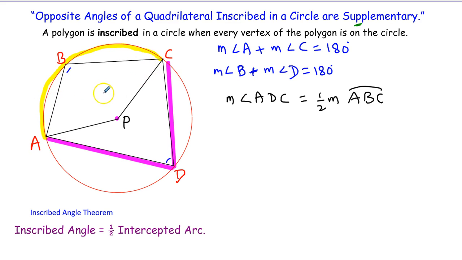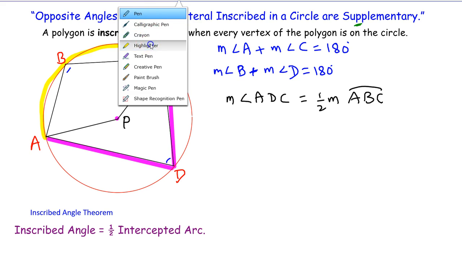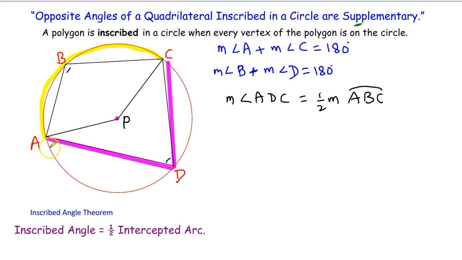Okay. Now, let us take the second arc, the remaining arc, that is ADC. Alright, let me use this here. This arc ADC is the intercepted arc for this angle ABC, right?